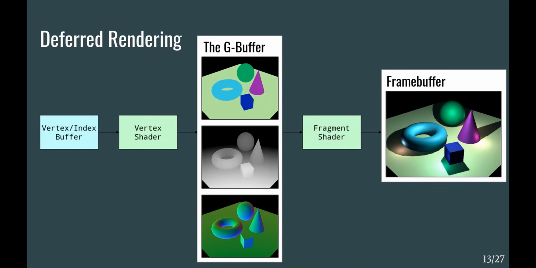We could store the intrinsic color of the material, you can see on the top there. We can store the depth. We can store specularity and baked ambient occlusion and metallics and all this stuff. And as we add more and more information to this G buffer, we have more and more data that we have to move around the device. And so this can really eat up the memory bandwidth.